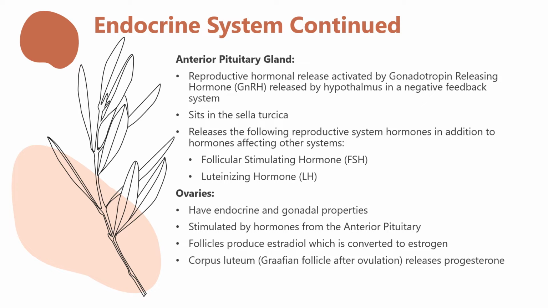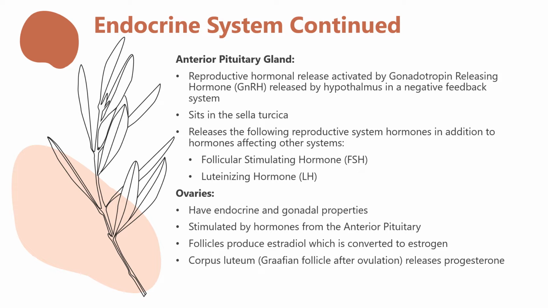Now, at the same time, our ovaries, in their endocrine capacity, will have receptors in the gonad to receive the FSH or the LH and act according to the directions of those hormones. When we are receiving FSH, that is follicular stimulating hormone, and the ovaries are going to start to develop follicles.